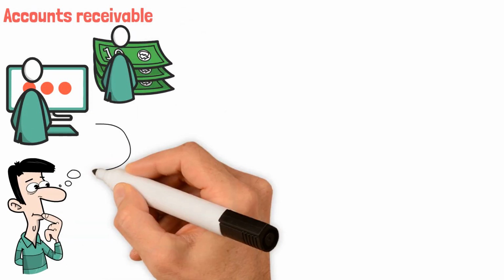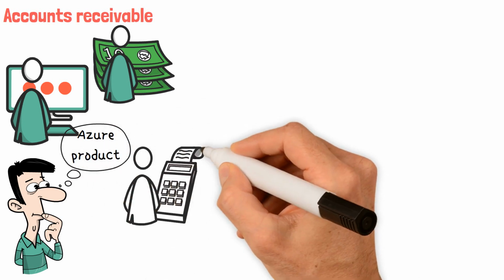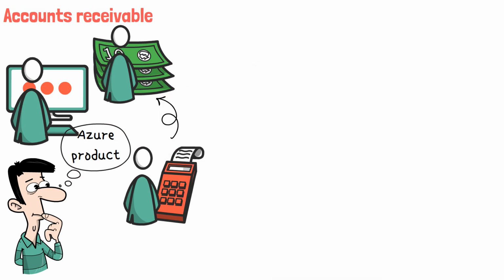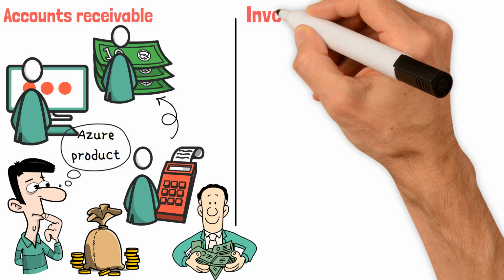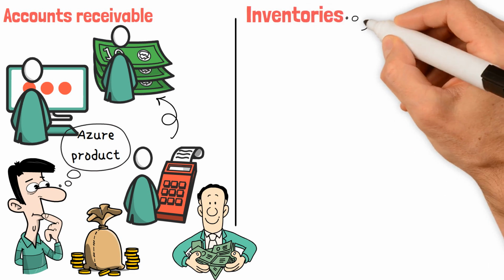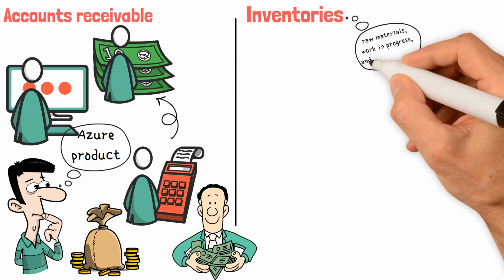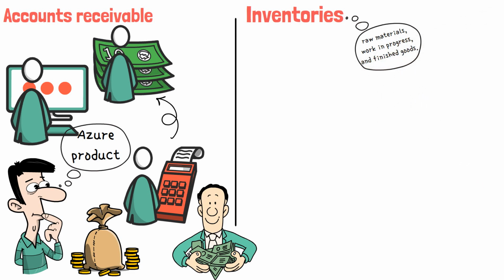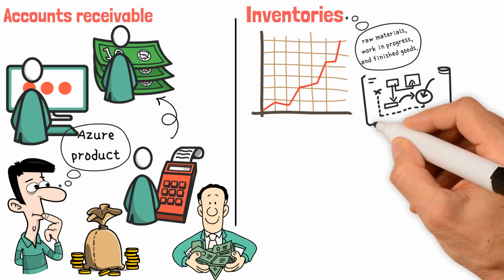Think about financing the Azure product, for example. Microsoft's balance on its balance sheet is money owed to them, and when they receive a payment, it reduces the balance. Inventories. For Microsoft, this line item contains raw materials, work in progress, and finished goods, all of which helps drive the revenues for the company, albeit on a smaller scale.